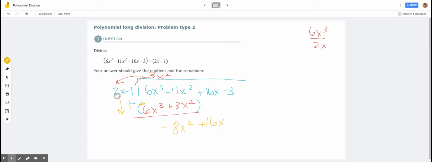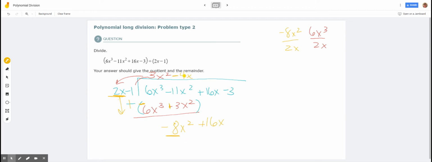Then we ask our question, how many times does 2x go into negative 8x squared? So again, you can go like this and figure it out, or you can ask yourself 2x times what equals negative 8x squared? Answer is negative 4x. Because 4 times 2 is 8, x times x is x squared.